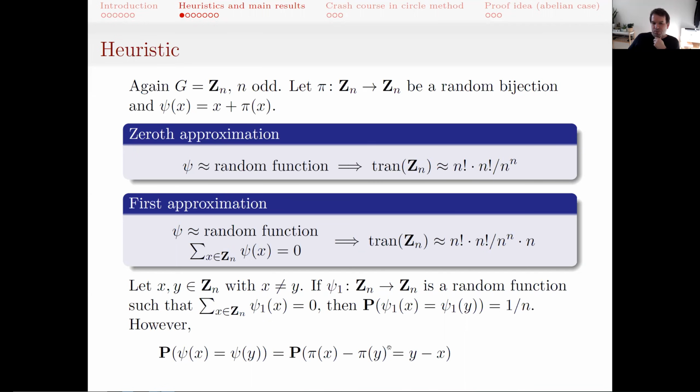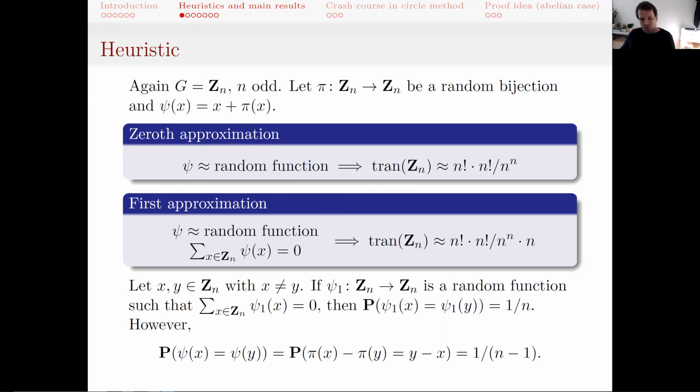So it is uniformly distributed on all the elements of Zn which are not 0. And y minus x is obviously not 0 because we assume that x is not equal to y. So this probability is actually 1 over n minus 1.